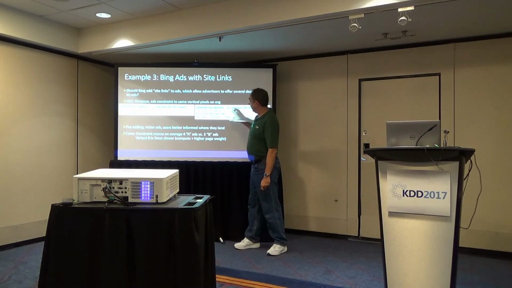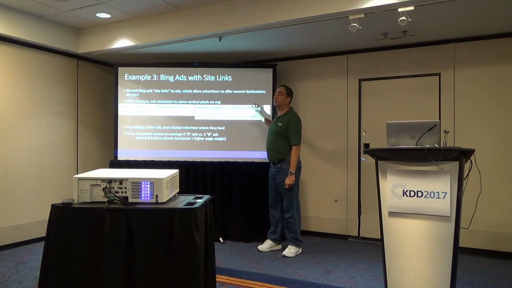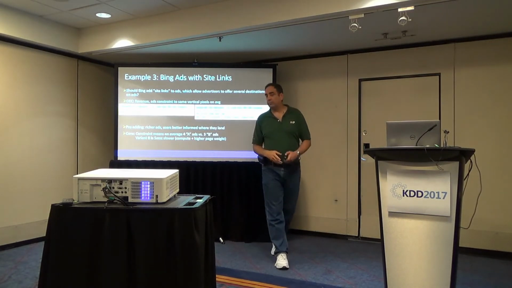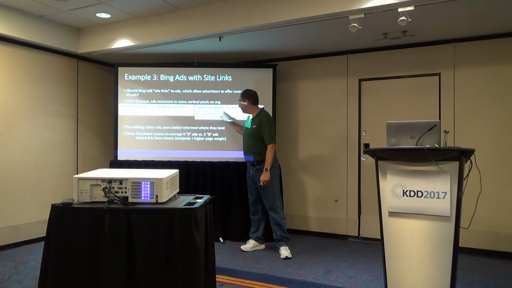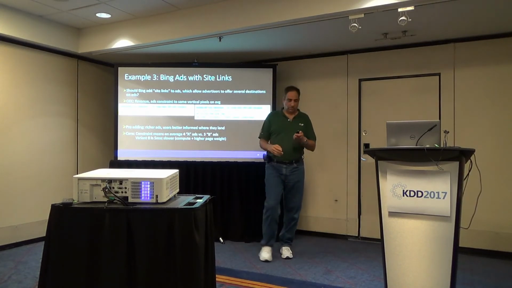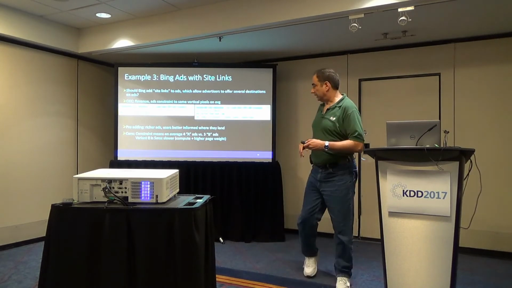So if they want to put a bigger ad that's got these site links, they will be able to, they're going to use more vertical pixels, and so they will have to somehow use fewer of those versus A, and the ratio, because it's 3 lines versus 4 lines, is as you expect, 3 to 4. And there's another thing, which is B is a little slower. Again, it's got more HTML, takes a little longer to compute, but it's only 5 milliseconds.